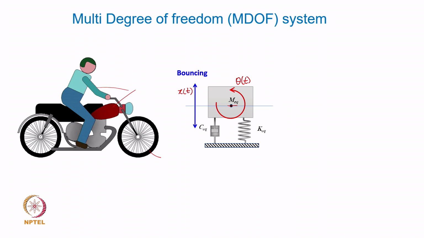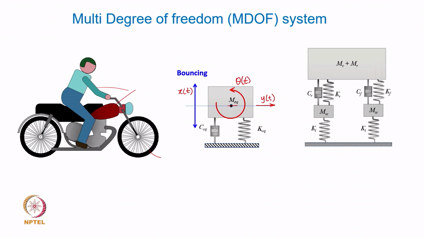This rigid mass, out of many other possible degrees of freedom, will have 6 degrees of freedom in space, but for a planar motion it suffices to consider x of t and theta of t. You may also include in the same planar motion another degree of freedom, a sway motion y of t, but generally this motion can be ignored to start with. Then we can have only 2 degrees of freedom.